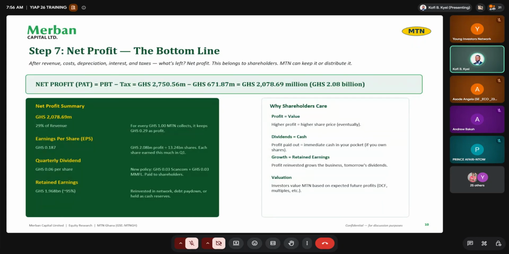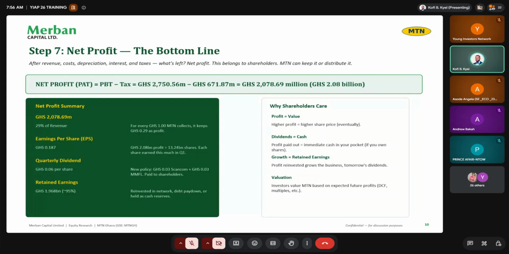Earnings per share is the net profit divided by the outstanding shares. So each share earned 0.187 in Q1. And the dividend, as we saw, is 0.06: 0.03 paid by Scancom PLC and 0.03 paid by MTN Fintech Limited. And this is going to be the new way of doing things for MTN.